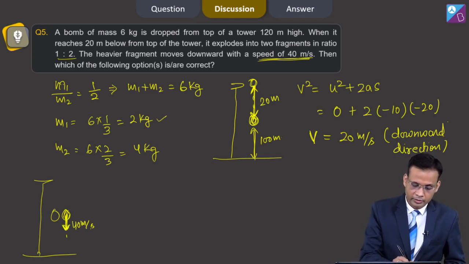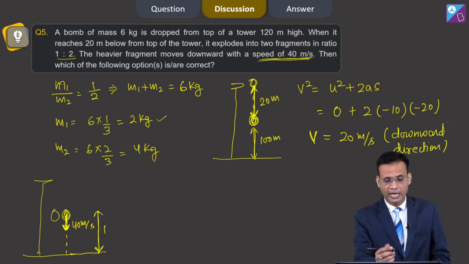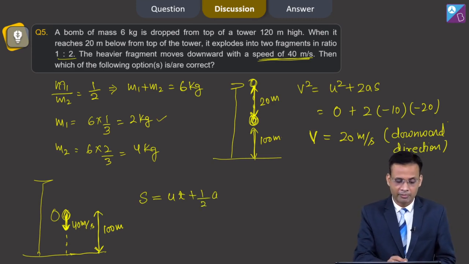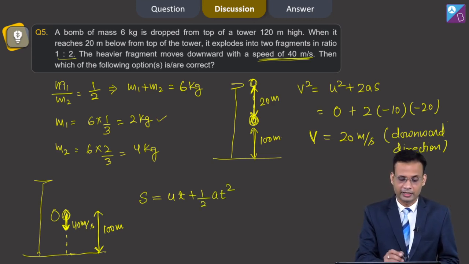So, the distance covered by this heavier mass is 100 meter, and by using the kinematics equation s equals ut plus half at square, we can easily calculate the time taken by this heavier mass to reach the ground.